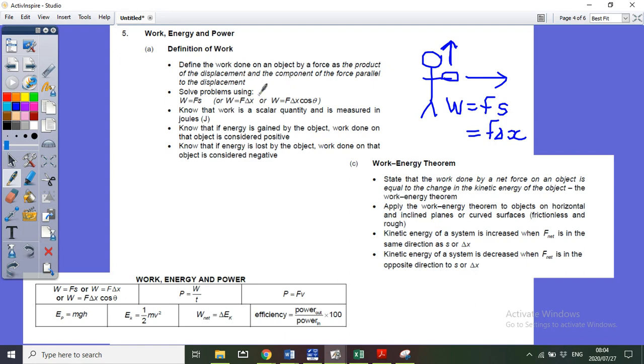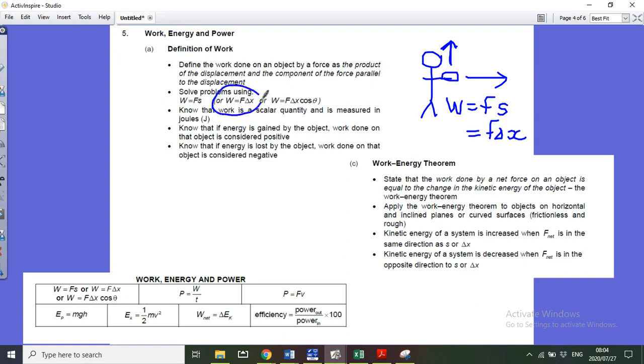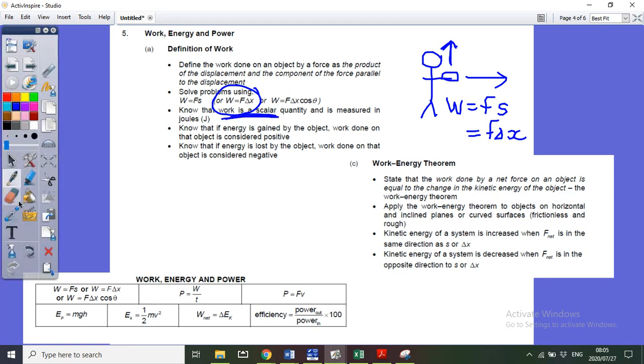So the work is equal to the force times the change in displacement or change in position. If you know the force and the direction of the force, you know the work done in that direction. So please don't go and talk about work in specific directions because that doesn't happen. It tells you here that work is a scalar.